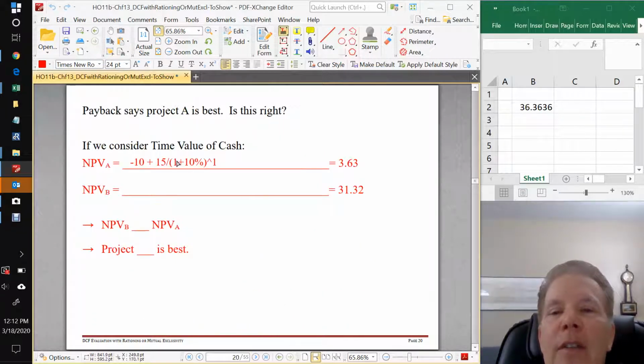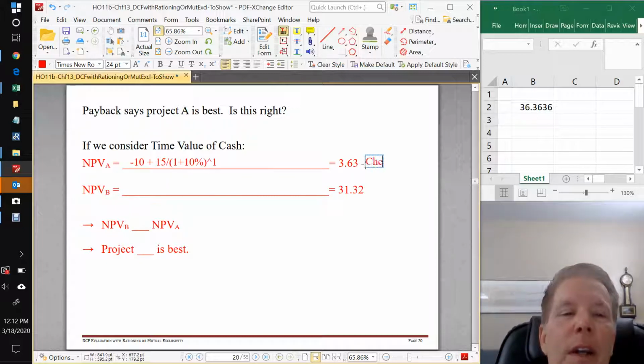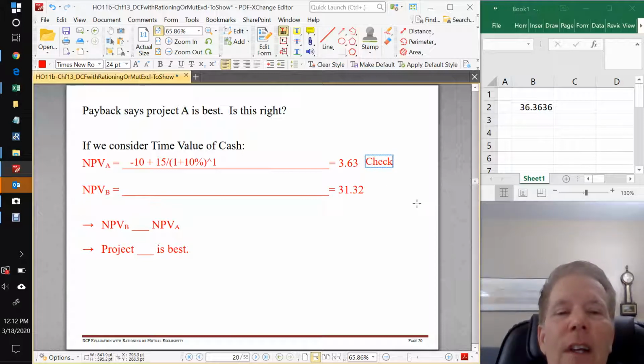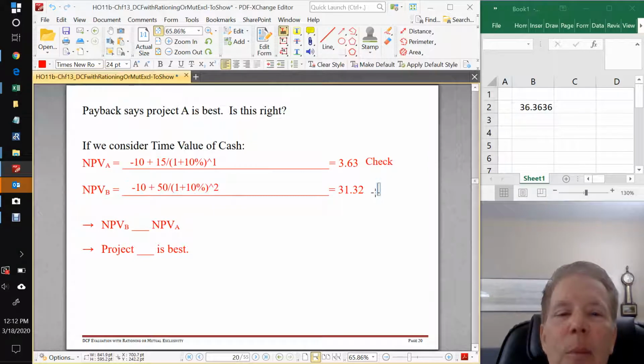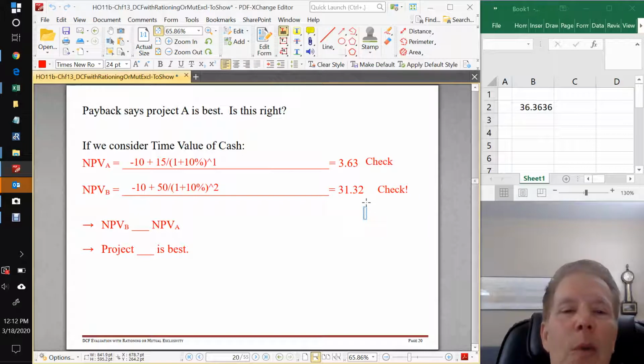Okay, and for our NPV method, again, you should check, but if you look for project A, you'll see it gives us 3.63, and for project B, we have again our minus 10 plus 50 divided by 1 plus 10% raised to the 2, and you should again check that, but I get 31.3.